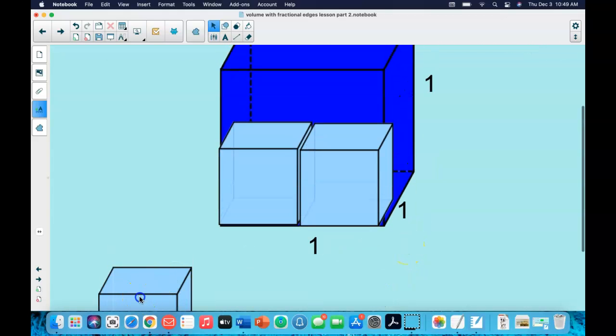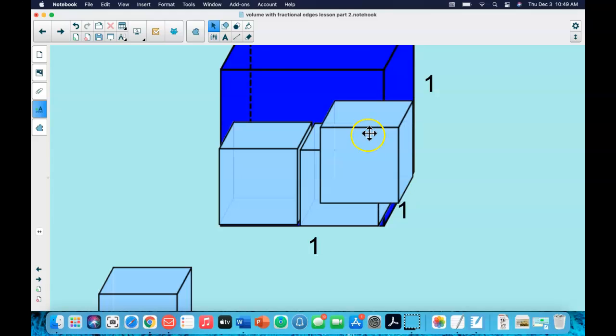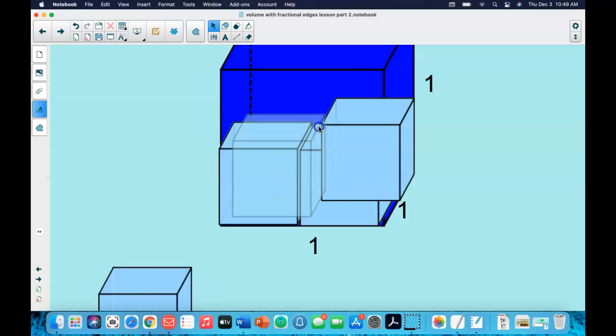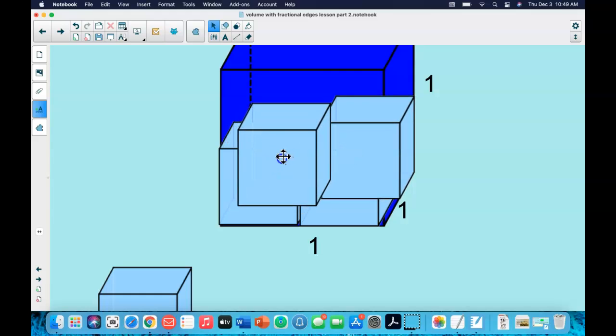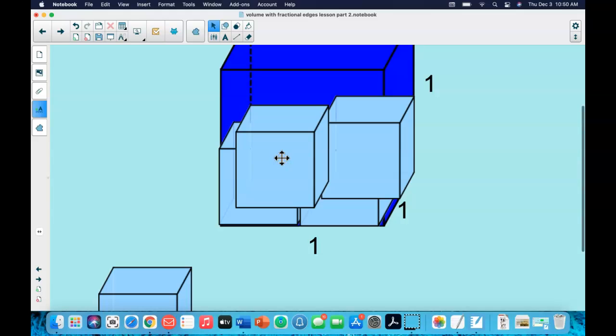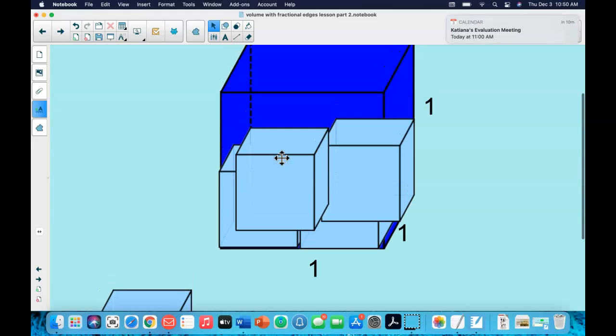And so I have to add another one there to go from front to back, but then also there's one back here that I can't really see, but it's there. Okay, so this looks a little confusing because they're layered kind of wrong. But now I've covered the depth, the front to the back.